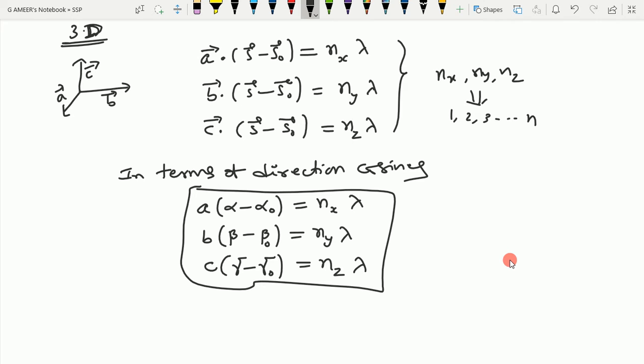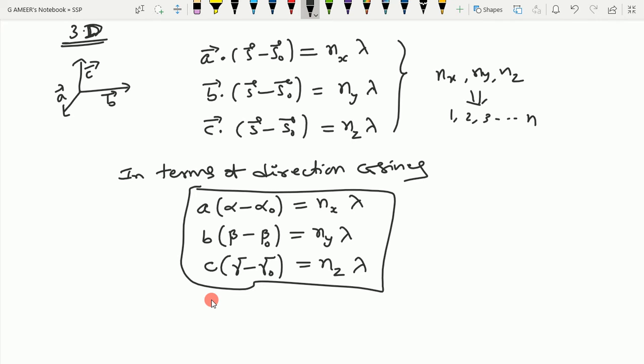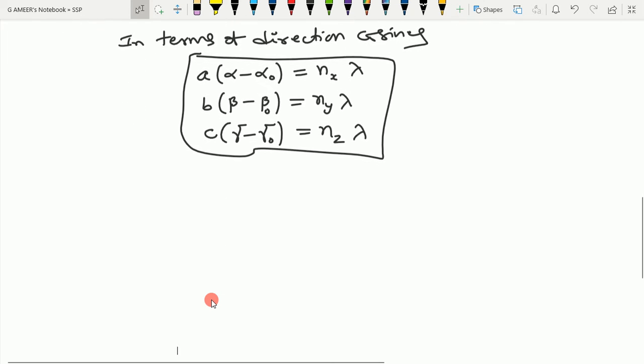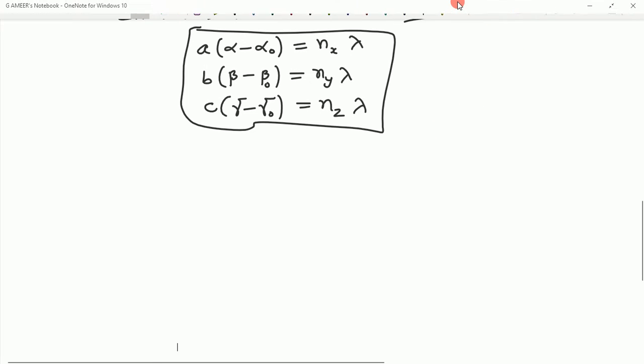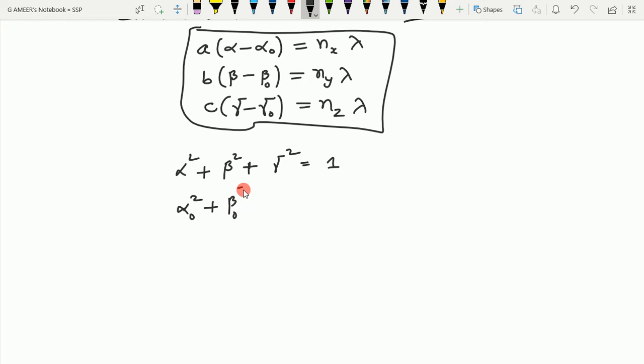So one important relation I'll write here, which is very well known to you. The direction cosines are interlinked with each other. As alpha, beta, gamma are the direction cosines, alpha squared plus beta squared plus gamma squared is equal to 1, and alpha naught squared plus beta naught squared plus gamma naught squared is equal to 1.